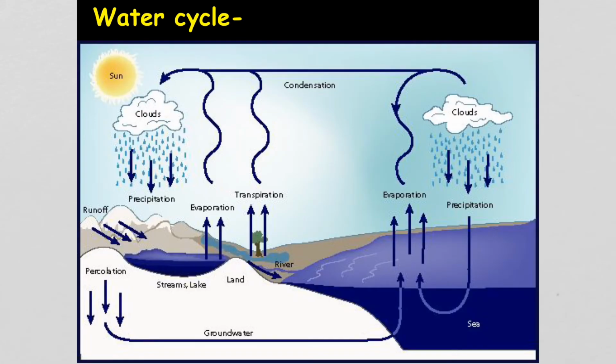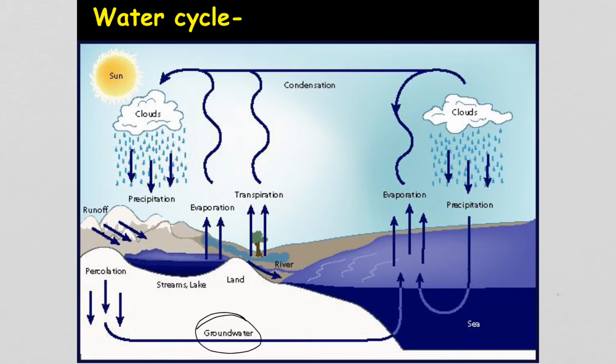Okay, so now let's look at this. We can start anywhere in a cycle, because it goes around and around. Let's start at the clouds. Here we have precipitation, and once rain has occurred, that water is going to run off across the land, and it's either going to get into a water source, lake, stream, ocean, river, or it's going to do what's called percolation, which is moving in and becoming part of the groundwater.